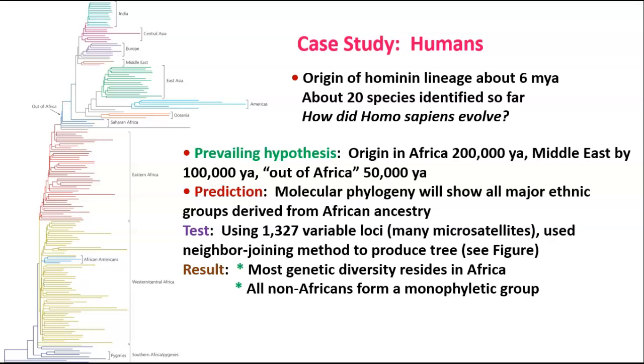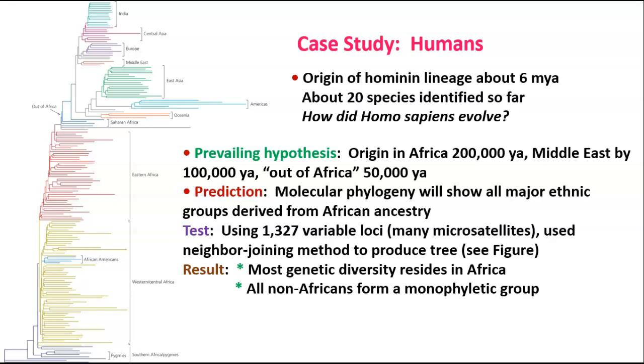And the primary result that we get from this is that the vast majority of genetic diversity in Homo sapiens resides in Africa. This goes along with African lineages being the oldest within our species. And all non-Africans form a monophyletic group.